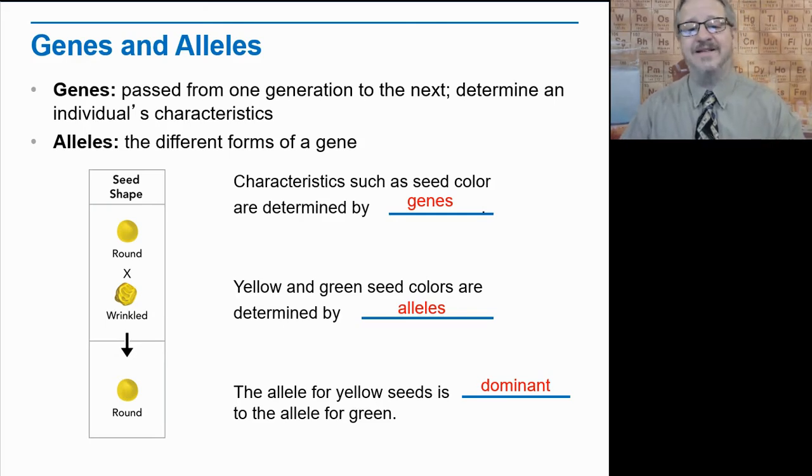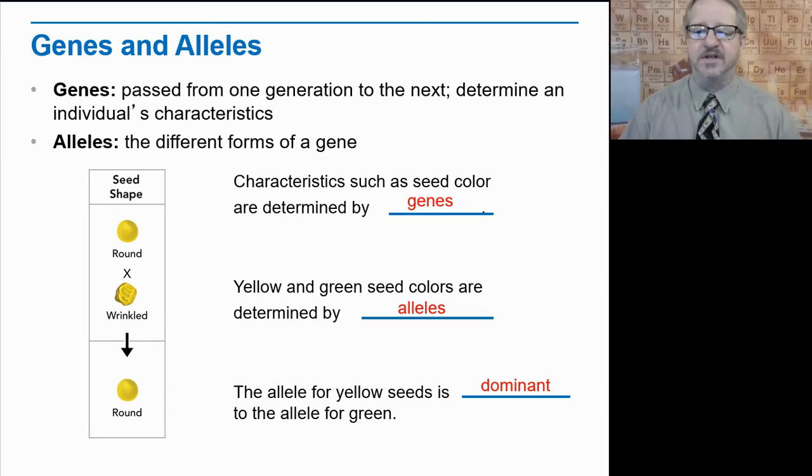What we could infer is that the offspring are going to express yellow seeds. Now, how would the results of the cross change if green seed color were dominant to yellow seed color? Well, in that case, the offspring of a green-yellow cross would have green seeds. Whichever one is the dominant is going to dominate and be expressed and be seen.